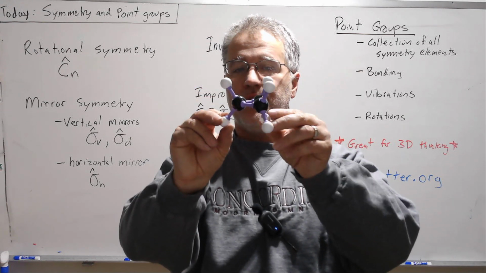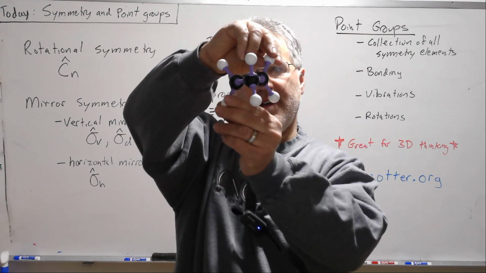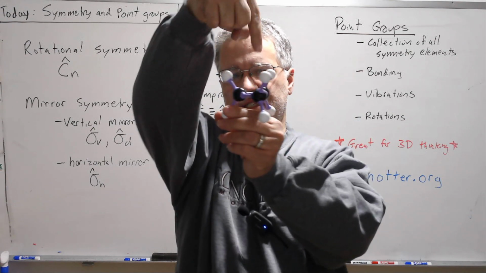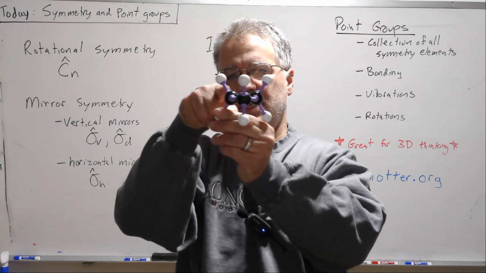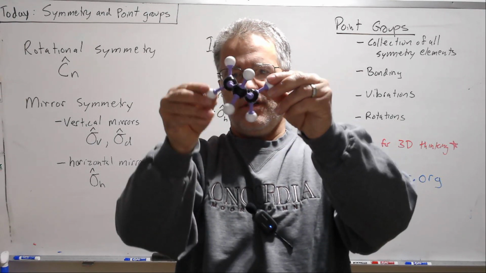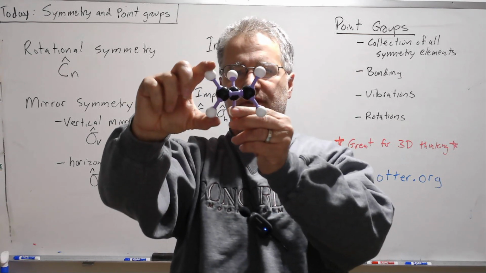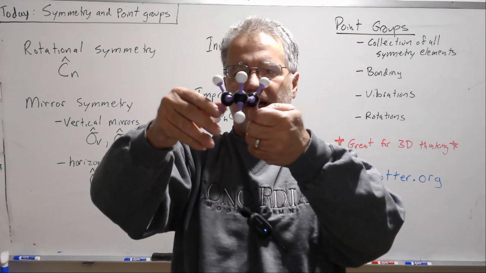So now I'm looking for perpendicular C2s, and now I do have those, right? So that's in the plane of this. My principal axis is straight up, so I'm coming in here straight at you, and there's one. Now this set of hydrogens isn't any more special than this one, so I have 2, and then I have 3.